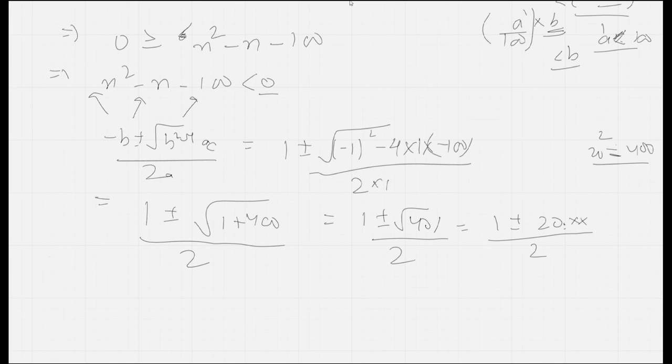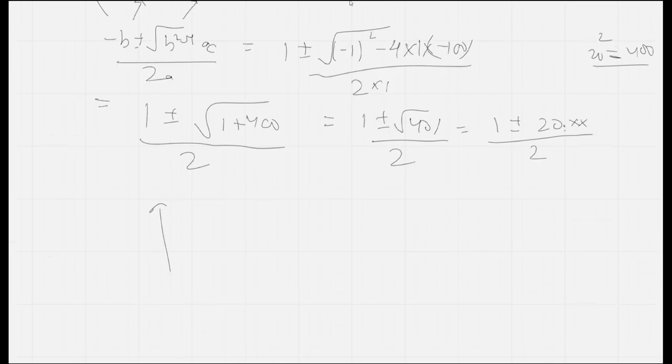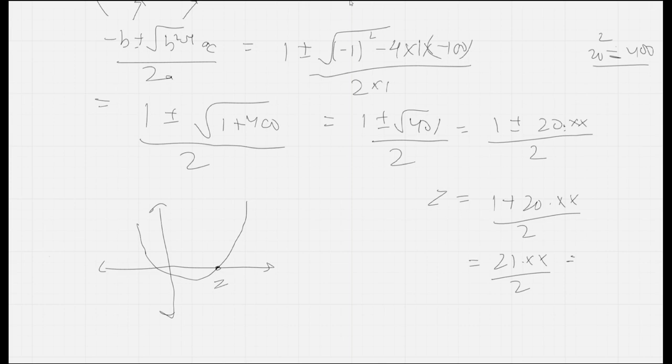So if we draw this quadratic equation, we would get one root somewhere at negative, 1 minus 20 point something, and another here. Let's focus on this root and call it z. So z equals 1 plus 20.xx upon 2, equals 21.xx upon 2, which is 10 point something.